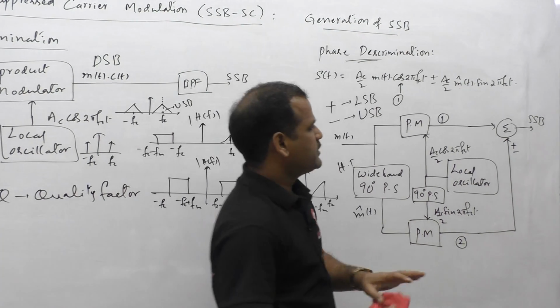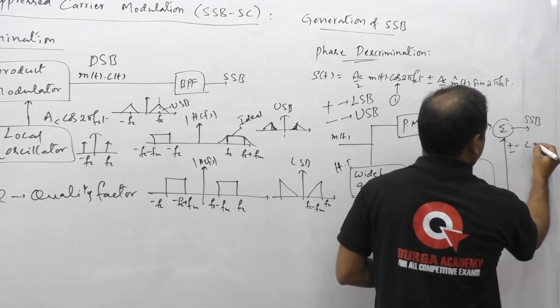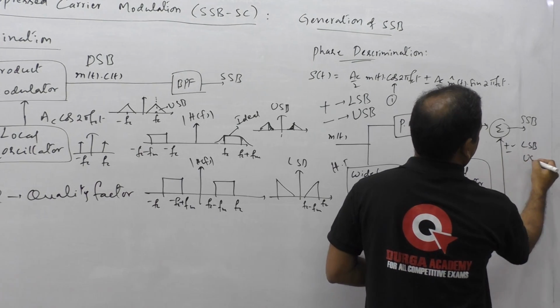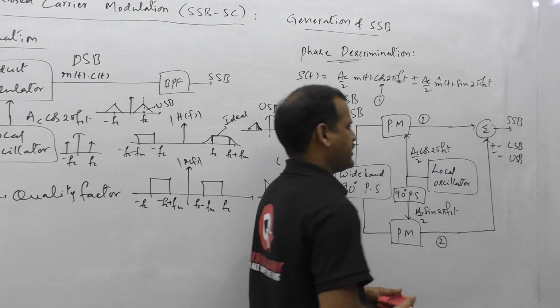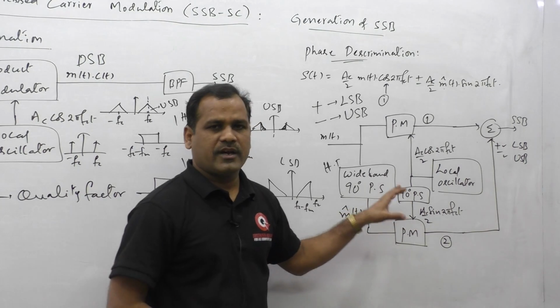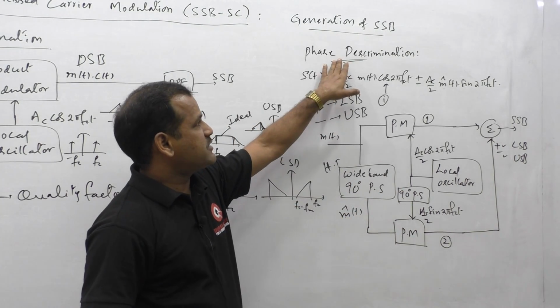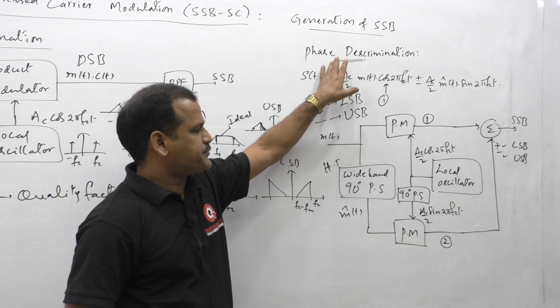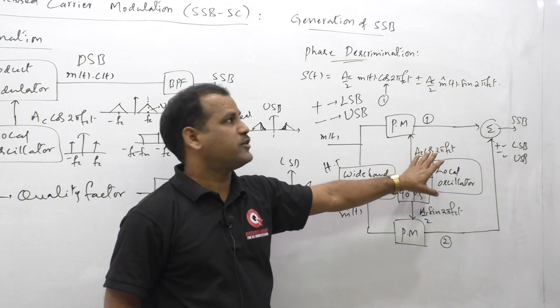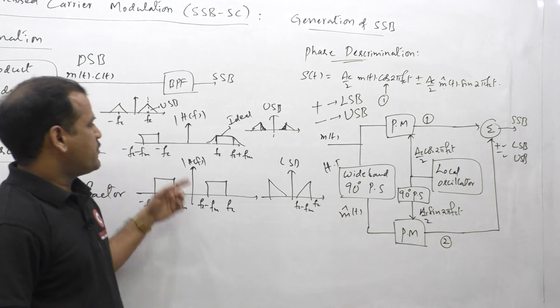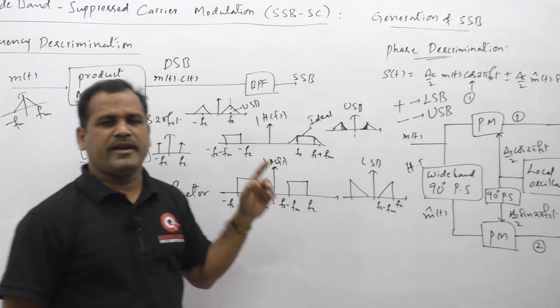So if you need the LSB term, use the plus sign here. If you need the upper sideband, use the minus sign here. This is the block diagram to generate the SSB signal by using the phase discrimination method. It is the widely used method, popularly used when compared to the frequency discrimination method to generate an SSB signal.